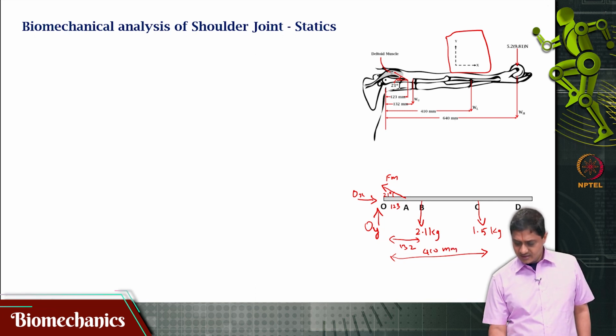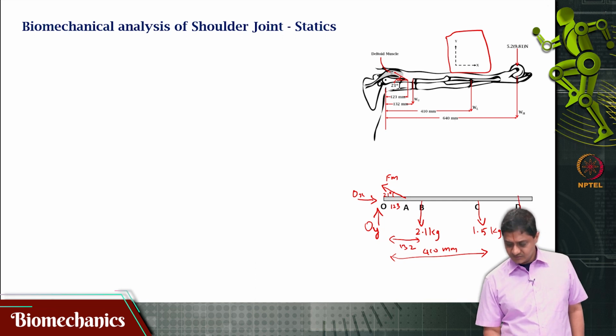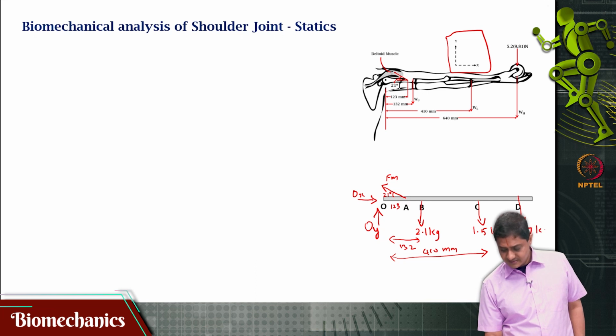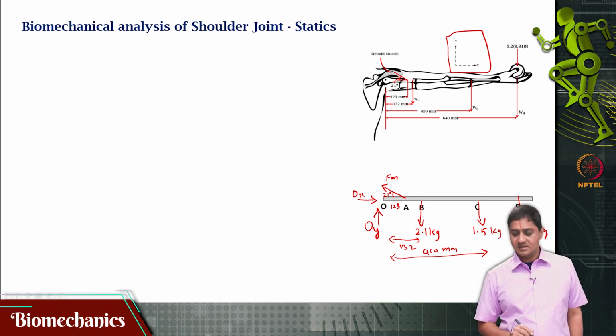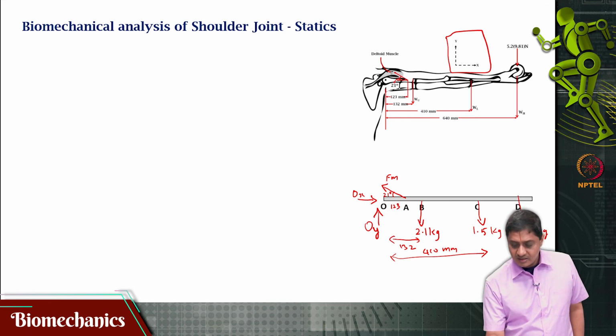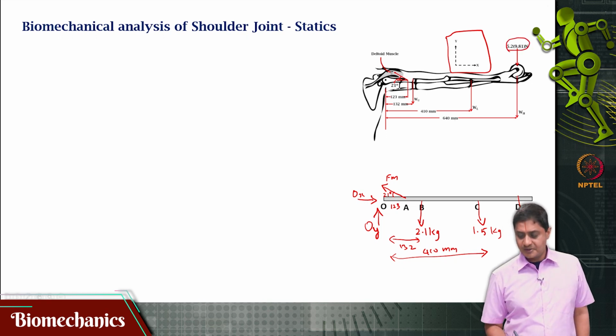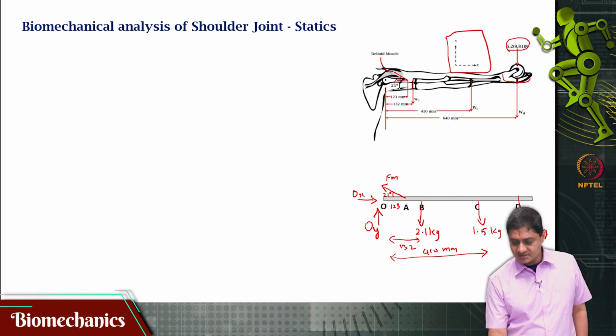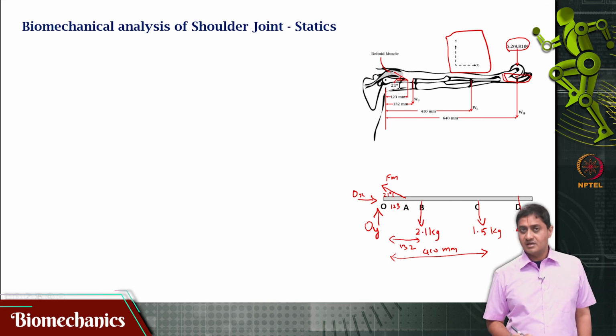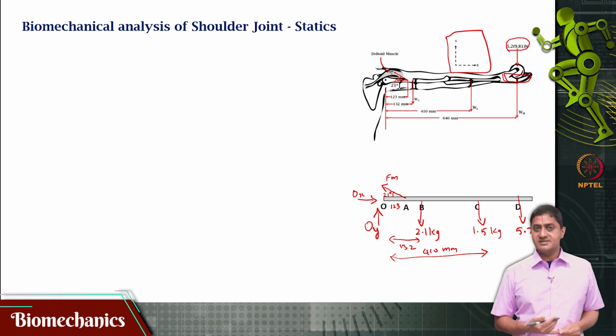And the hand and the external mass together is 5.7 kg. How did I get this? Because the external mass itself is 5.2 kg, and the hand is known to have a mass of 0.5 kg.